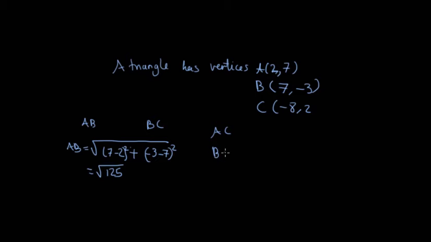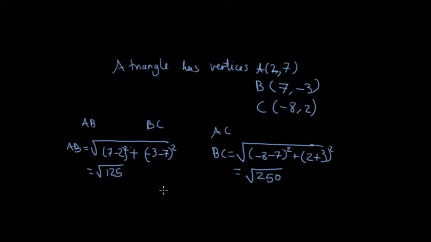Then BC is this one and this one, so -8 minus 7, squared, plus 2 minus -3, so it's plus 3, squared. Doing the maths, BC is going to be the square root of 250.